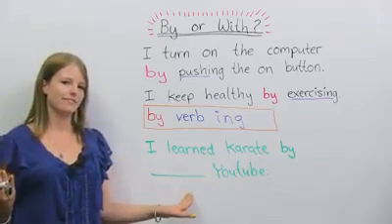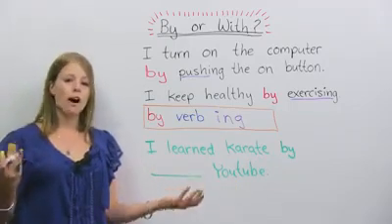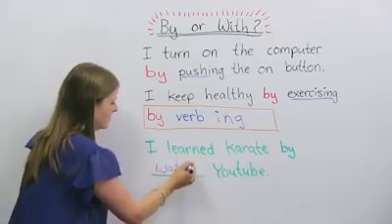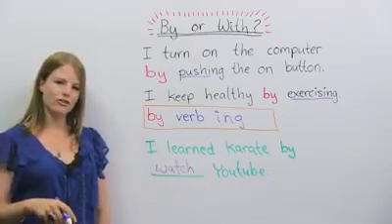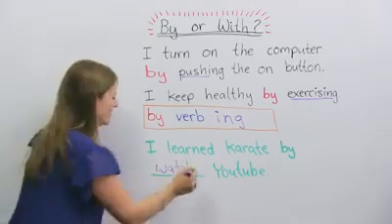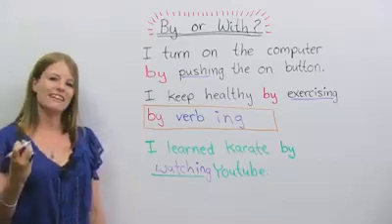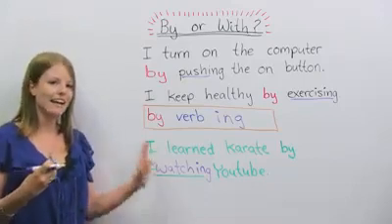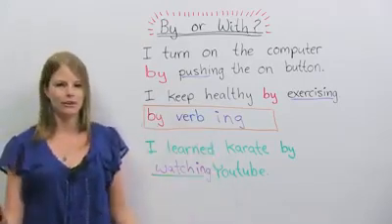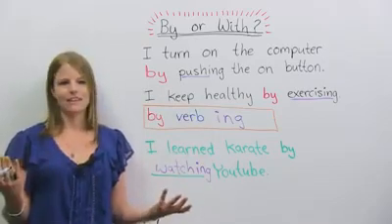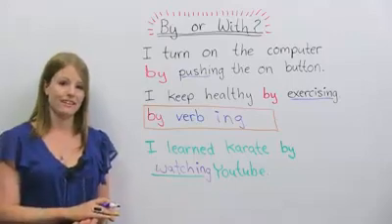What do you think the verb would be? We could say by watch. Is that right? By watch YouTube? No, we need the ing. Perfect. I learned karate by watching YouTube. Okay, so again, this is very useful because anytime you're explaining how, if you have a verb and by, then you can explain how you do something.